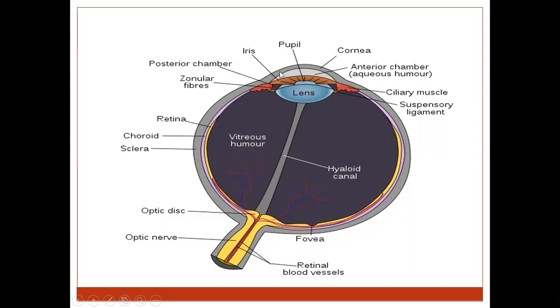That shape is due to the anterior chamber, and the anterior chamber fills with what? Aqueous humor. If we take out the aqueous humor, it will collapse like a football. If we take out the air from the football, it is going to collapse. Same thing happens here. That's why they say it maintains the shape of the eye. That is very correct. Basically, it maintains the shape of the cornea.